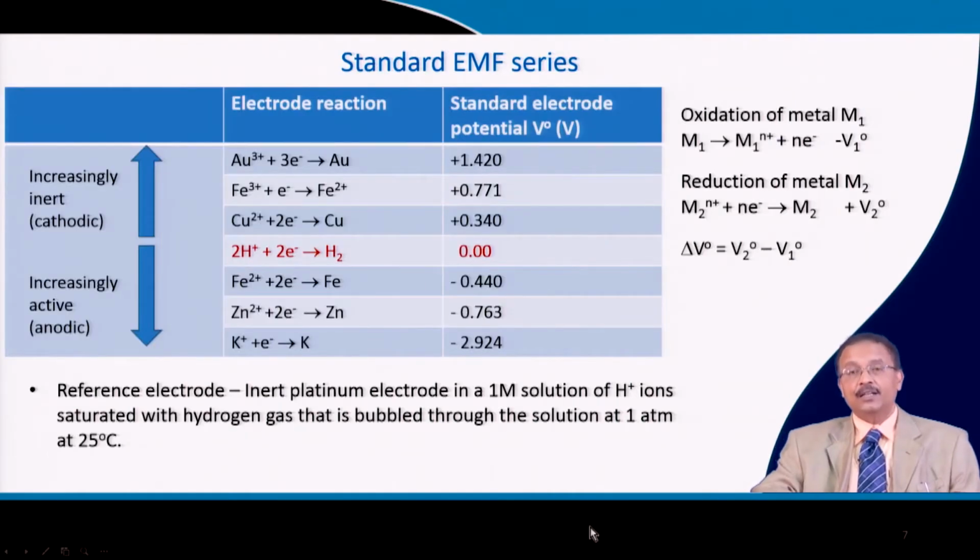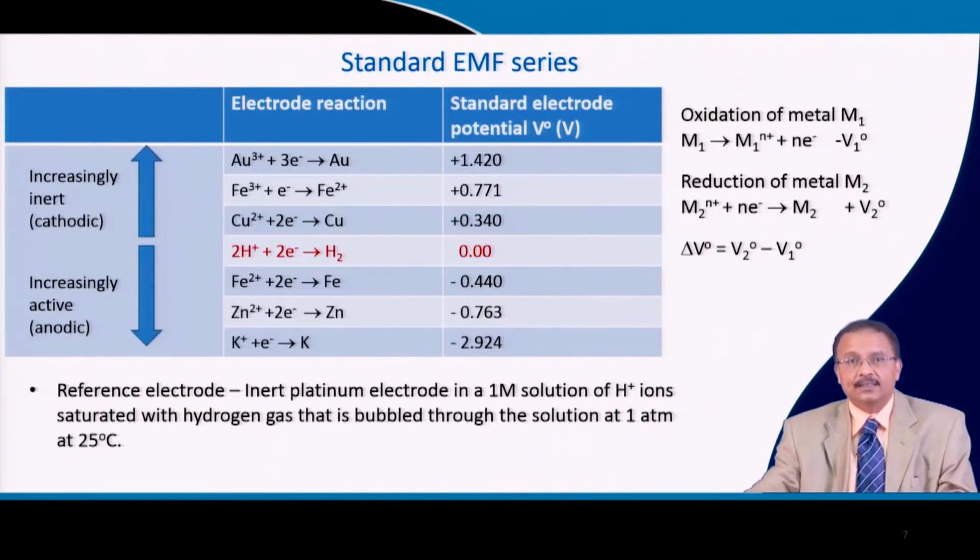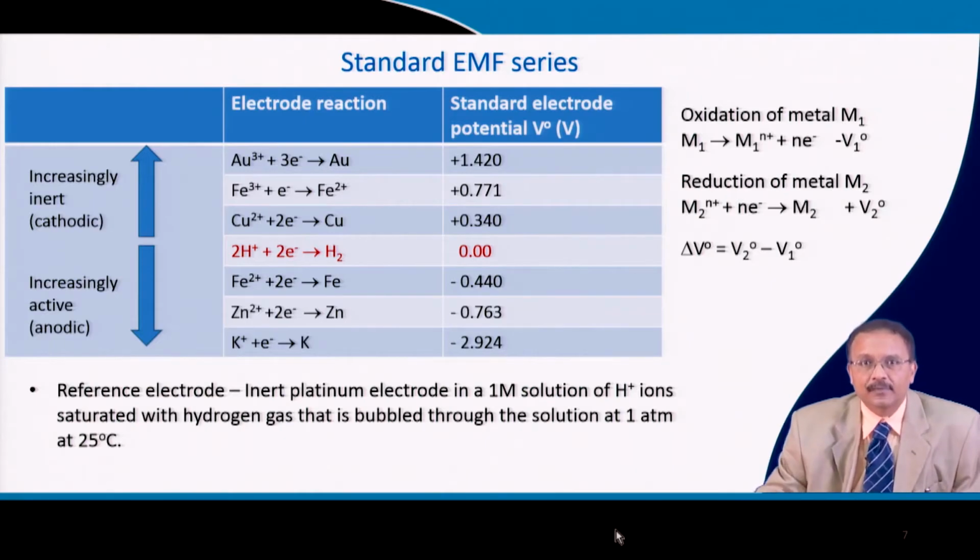Now, this is related to the standard EMF series. You can see the oxidation of metal is given by this half cell, and the voltage is taken as negative. So, I have denoted this as negative V1 0.